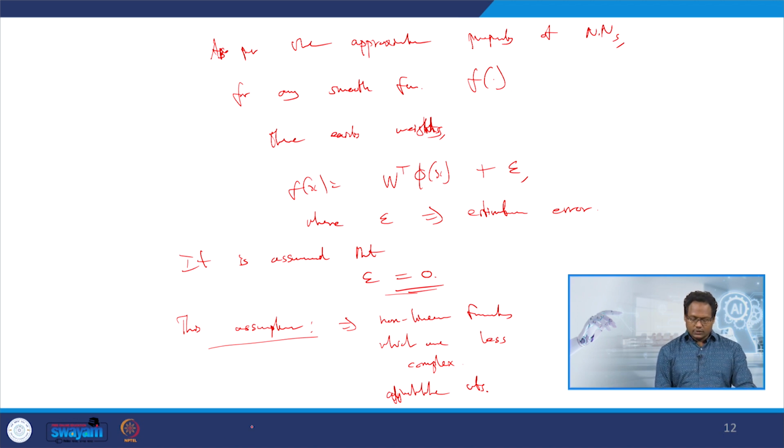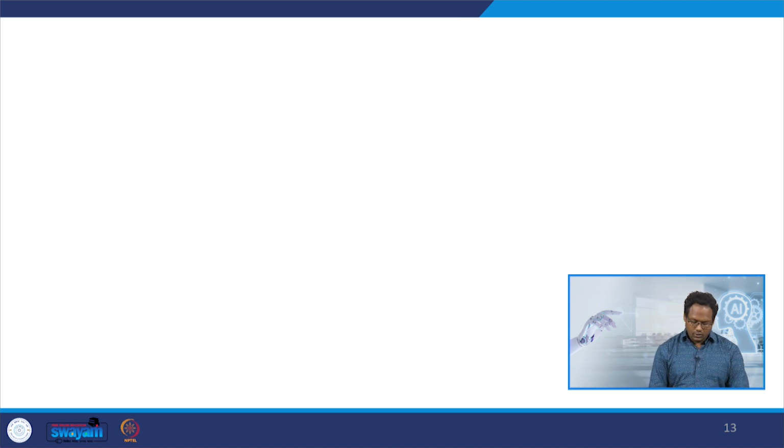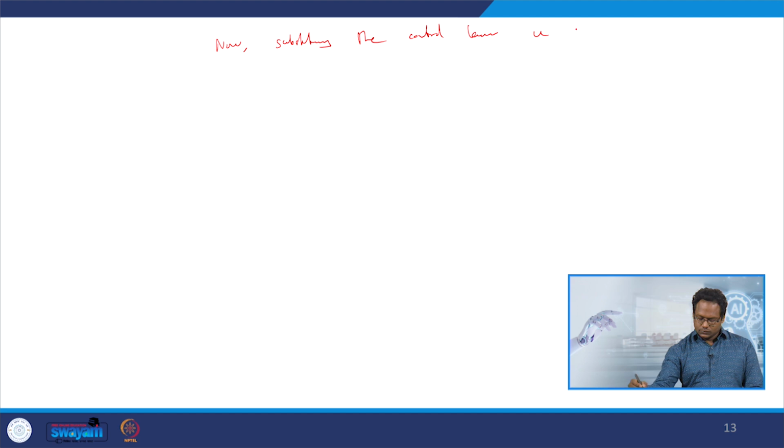Okay. Now, let us continue this with the approach of substituting the control law given by equation number 3 into the system, which is the original input affine system given by equation 1.